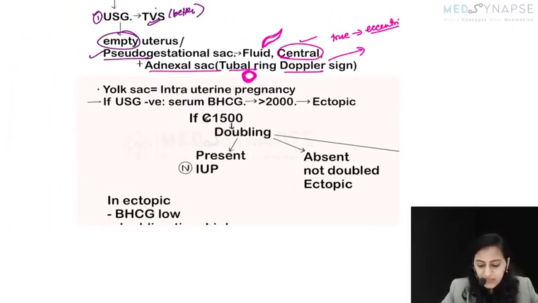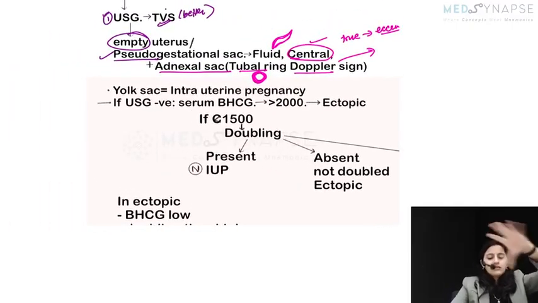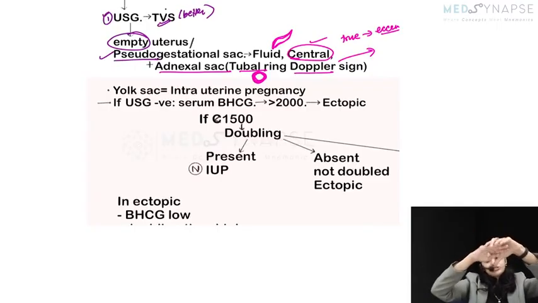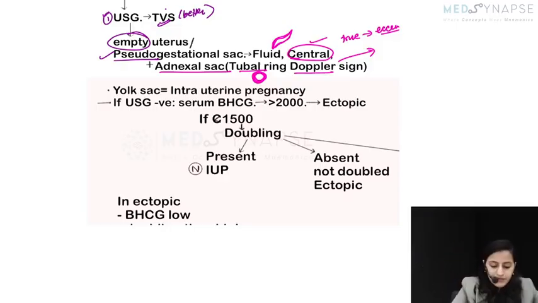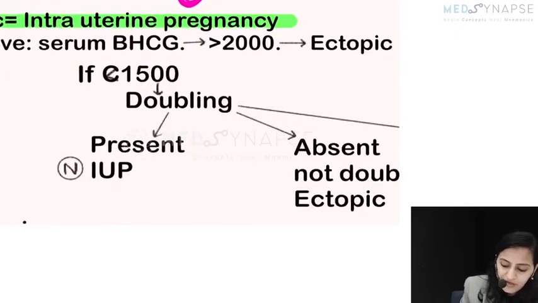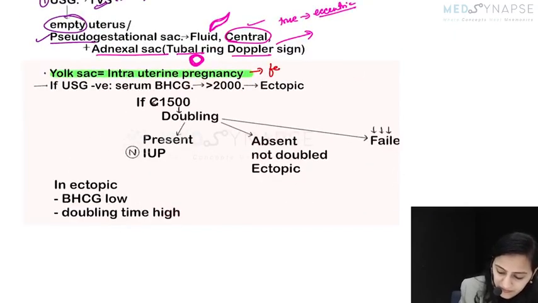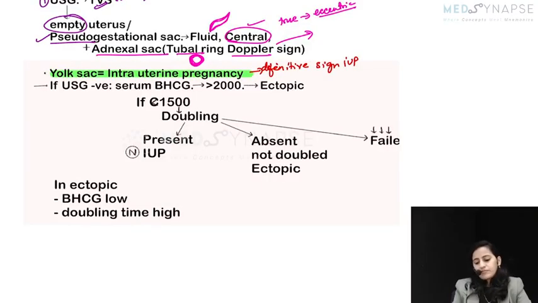If you see yolk sac, so I tell you that on ultrasound I see that there is a gestational sac, and in that gestational sac I see the yolk sac also. The yolk sac is a definitive sign of intrauterine pregnancy. It is a definitive sign of intrauterine pregnancy. A pseudo gestational sac will not have a yolk sac.